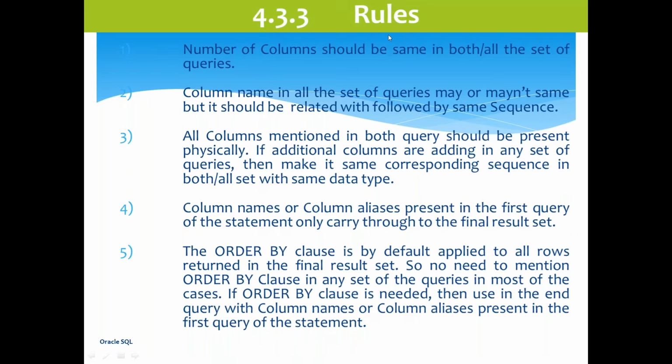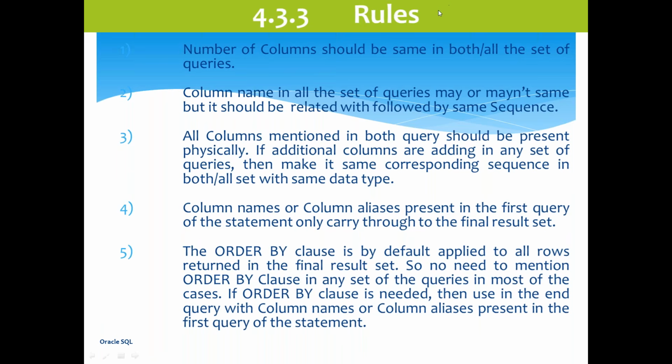So first rule: try to remember all these rules, then only you will feel it is easy, otherwise it will be difficult. The number of columns should be the same in both sets of queries. Whenever we write set operator queries, two queries are there: first table, first set query, second table, second set query. In those two queries, the number of columns should be the same.